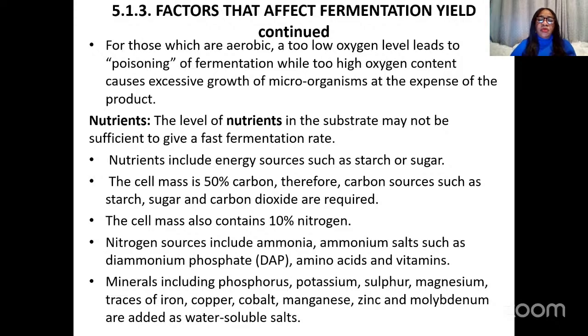So we have sugar, that's starch, we have carbon dioxide, all such are required. And the cell mass also contains some nutrients like nitrogen. So the source of nitrogen for this is ammonia or any ammonium salt, for instance, diammonium phosphate. Also, amino acids and some vitamins are important. We also need to include some minerals like phosphorus, potassium, and so on.